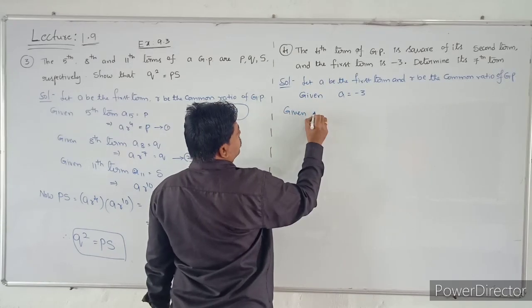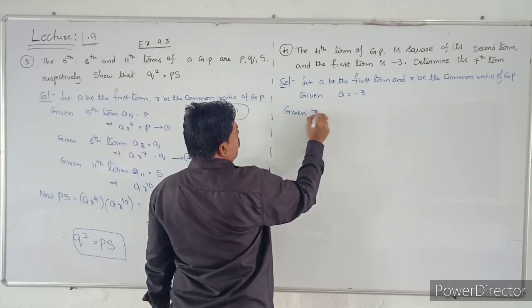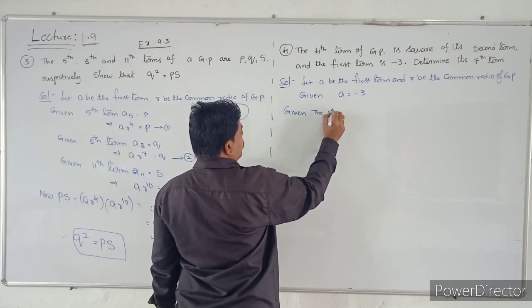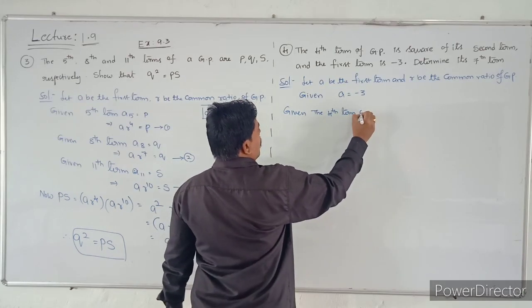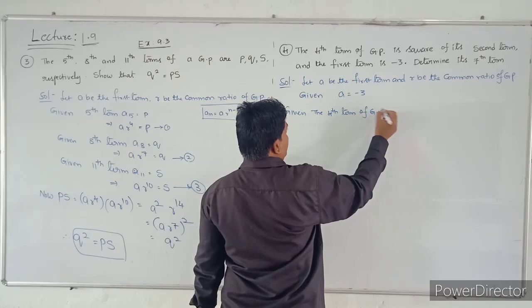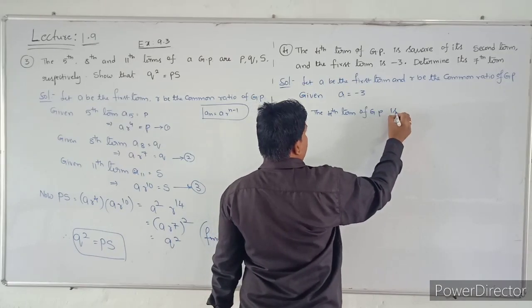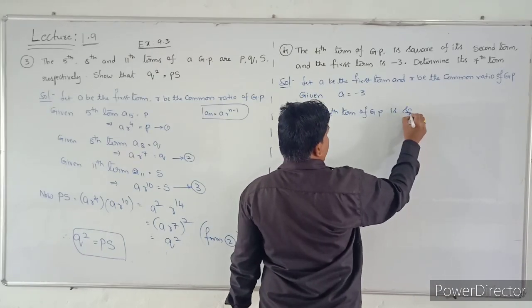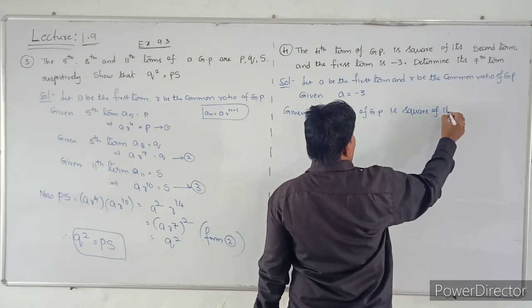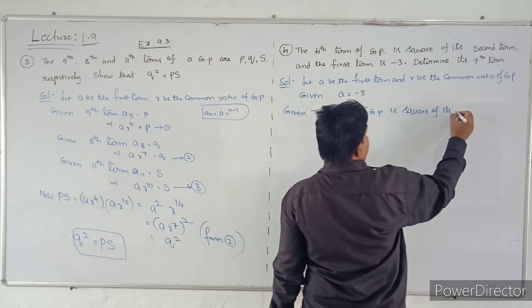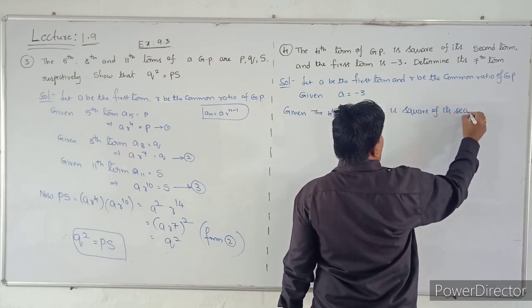Given what is that? The fourth term of the GP is the square of its second term.